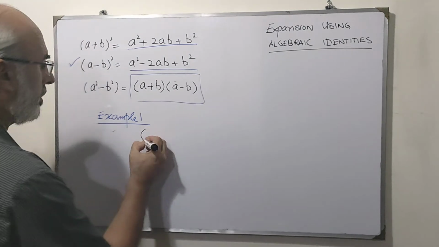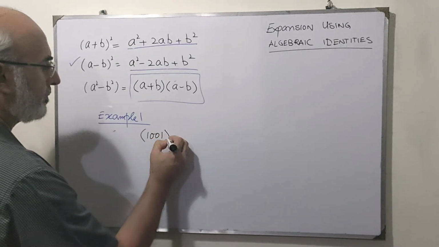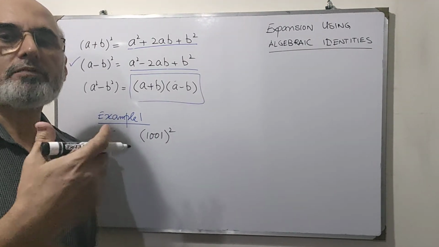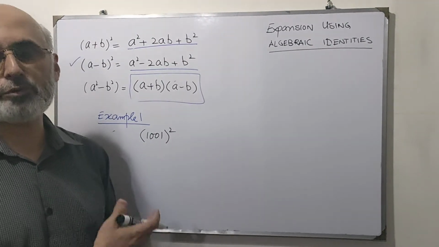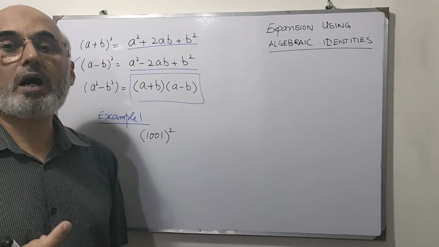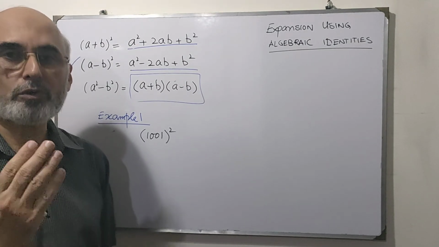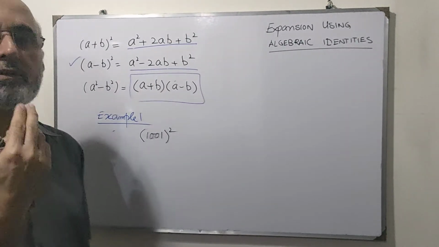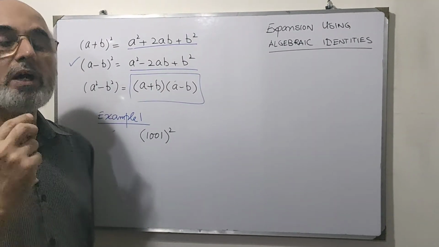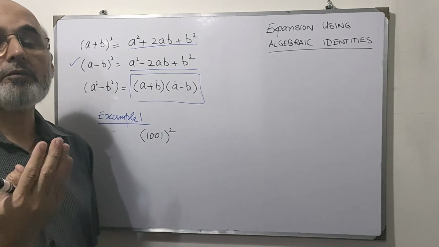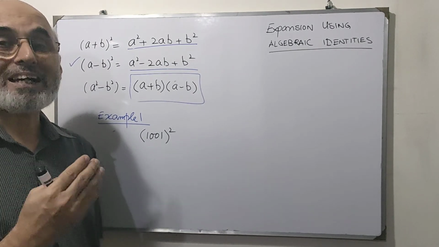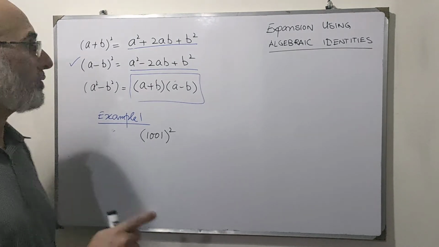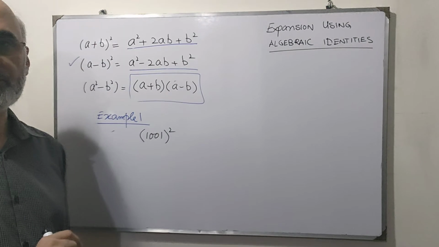Suppose you have to solve 1001 square. You're not supposed to multiply 1001 with 1001, and you're not going to use a calculator. If you are required to use an identity, it's just one number, 1001, so you have to make it in the form of two numbers which are easy for you to square, and apply the identity as well.